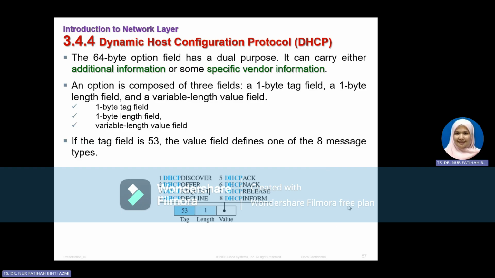You can think of it as an extension of a basic DHCP message, and it has dual capability. The first one is to carry additional information, and the second one is specific vendor information.